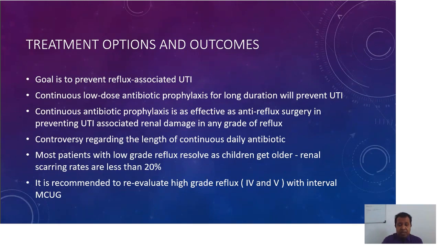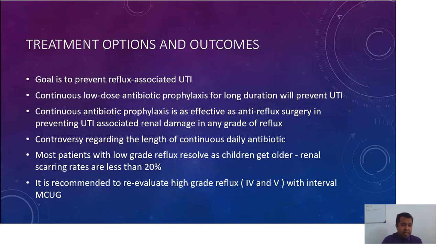When you are starting, the indications are very clear and basic. But remember that after you start it, the decision on when to stop the antibiotic prophylaxis is the most difficult decision to be taken. It should be taken considering a lot of factors. I will come to that a little bit later.